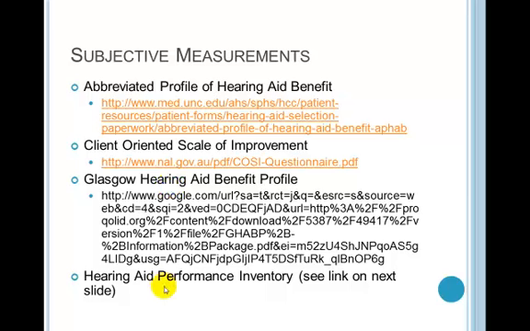The Hearing Aid Performance Inventory, the HAPI, is actually a rather long subjective measure. It is a 64-item questionnaire, and people are ranking situations.